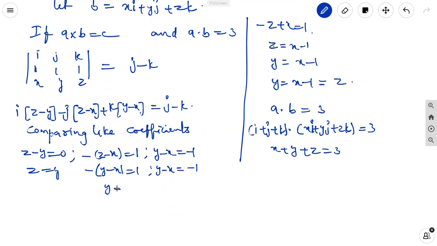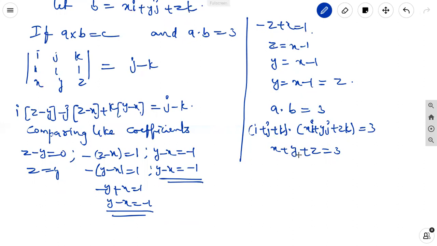This is also Y minus X equal to minus 1, so both equations are the same. So we can take the relations: Z equal to Y, and Y equal to X minus 1. So Z equal to Y equal to X minus 1.